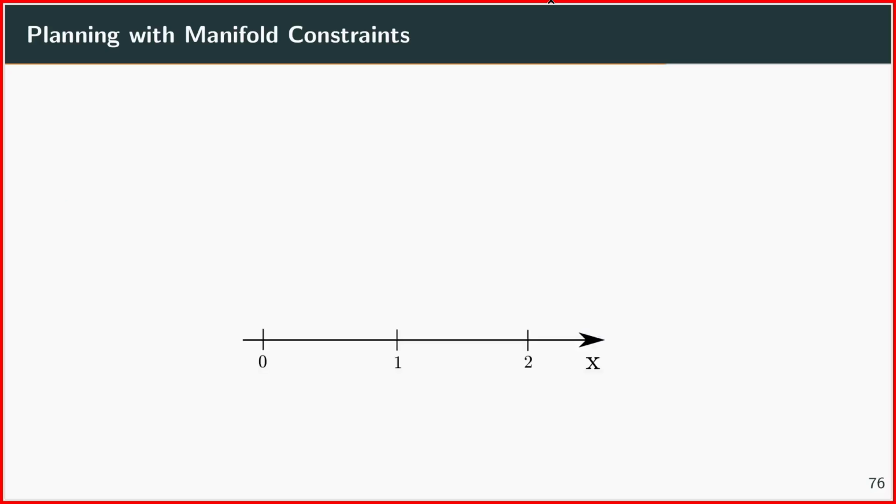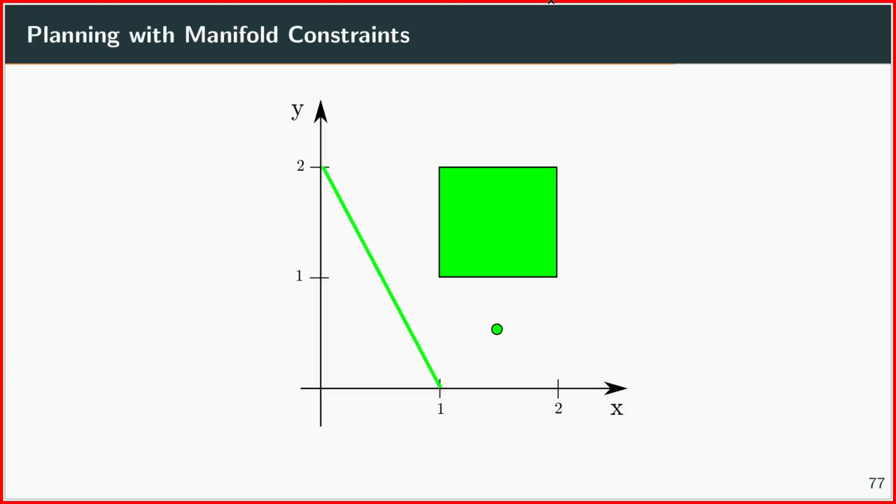And here's a small example. So if you have a 1D planning problem, and you have a point here and you have a line, then the measure of the point would be 0 on the line, and the measure of the line would be 1, because this n-dimensional volume would give you a length here, and the point has, of course, no length.